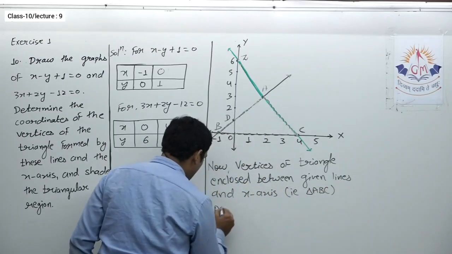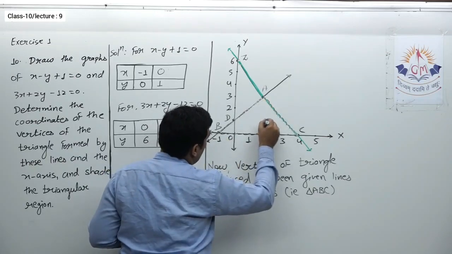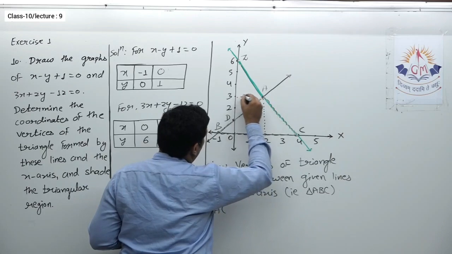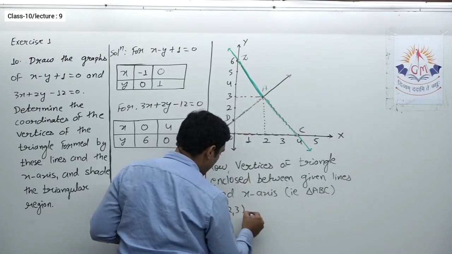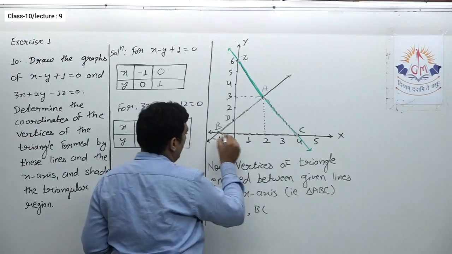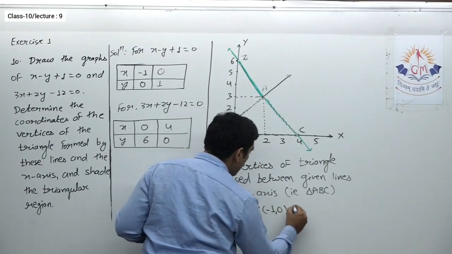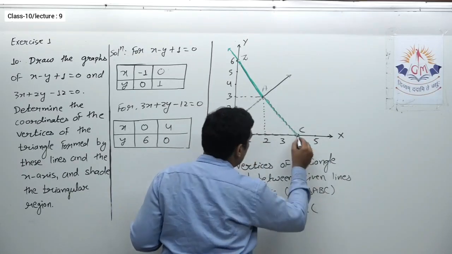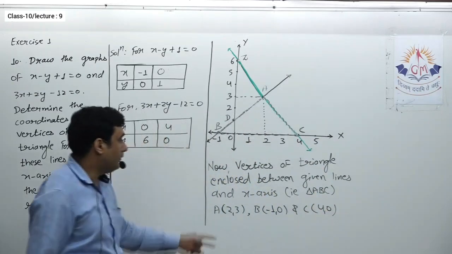For A, the coordinates are x 2, y 3, so 2 comma 3. Then B, the second point, is x minus 1, y 0, so minus 1 comma 0, and C is 4 comma 0. So these are the vertices of the required triangle.